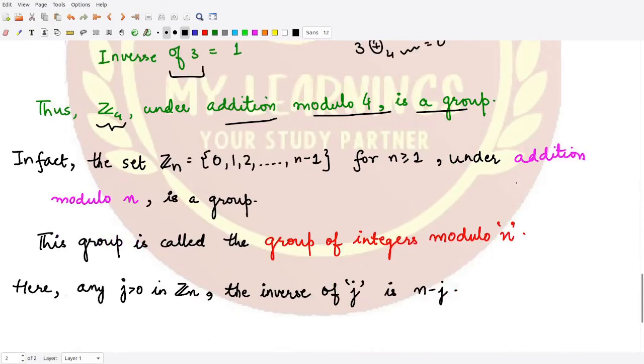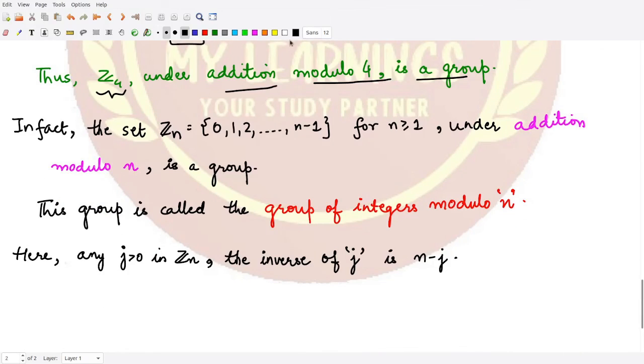And moreover we also have this result that for a set Zn which consists of all the numbers starting from 0, 1, 2 and up to n minus 1, whenever n is equal to 1 or greater than 1, and the operation here is addition modulo n, this forms a group. This is the standard result. You can take n to be any number which is greater than or equal to 1.